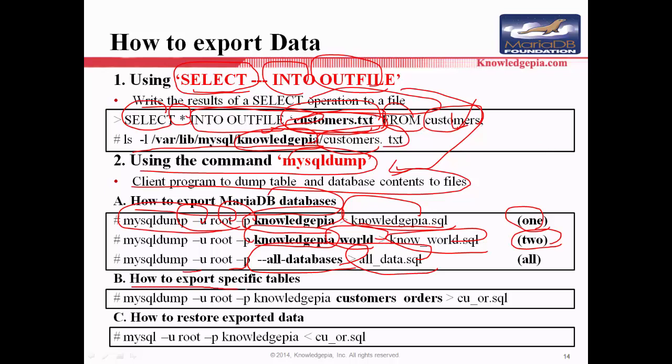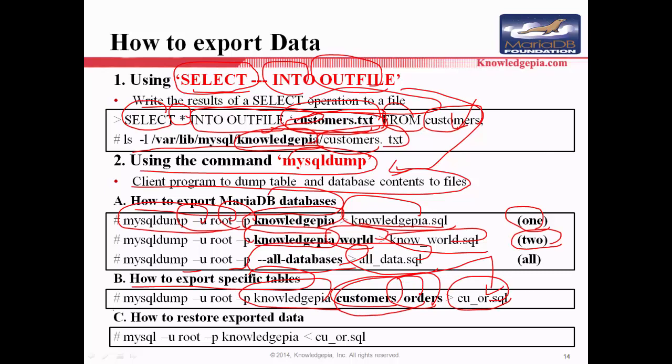B, how to export a specific table. If we want to export only specific tables, not all tables, then the database name knowledge, and after that the table names, in my case customers and orders. Only these two tables will be saved to this file.